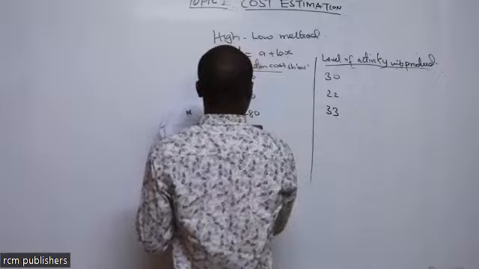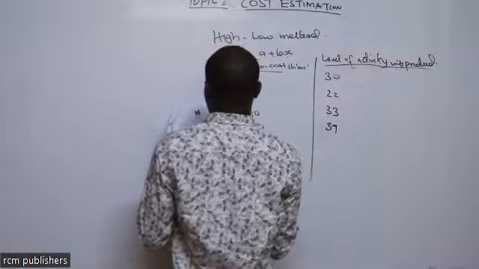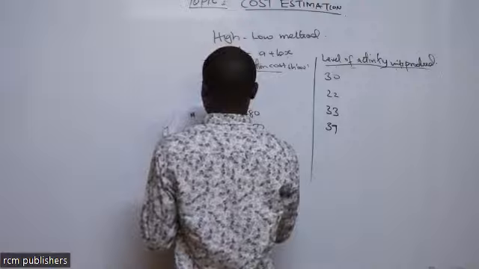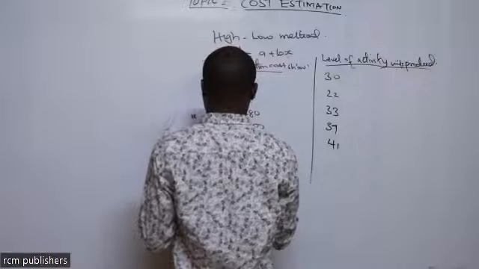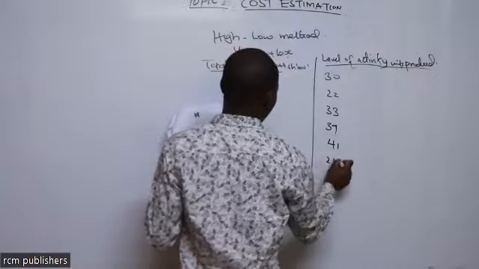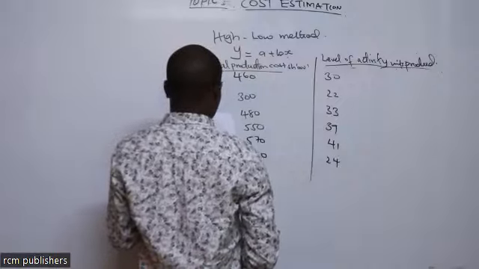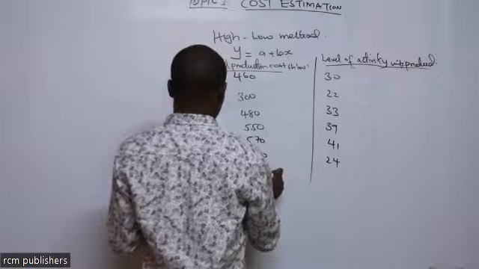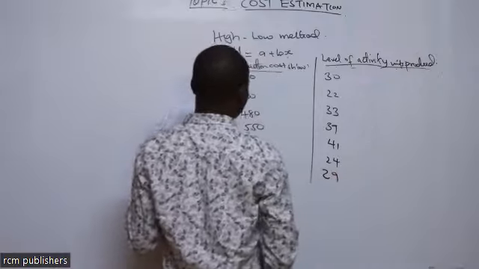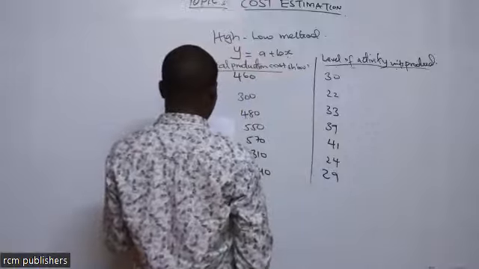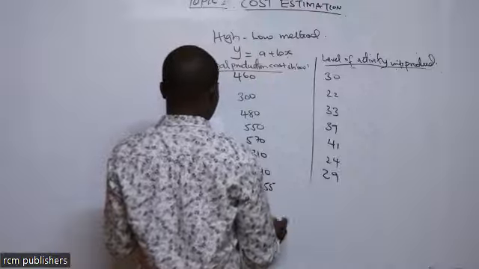We have 550 against 39. We have 570 against 41. We have 310 against 24. We have 410 against 29. Then we have 455 against 32.